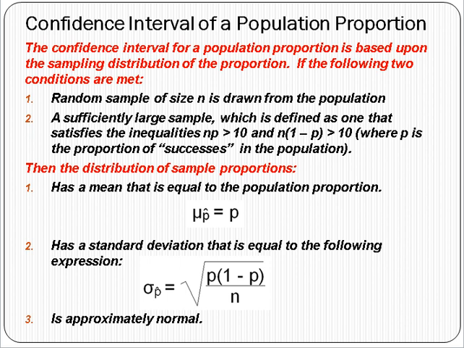The confidence interval for a population proportion is based on the sampling distribution of the proportion.